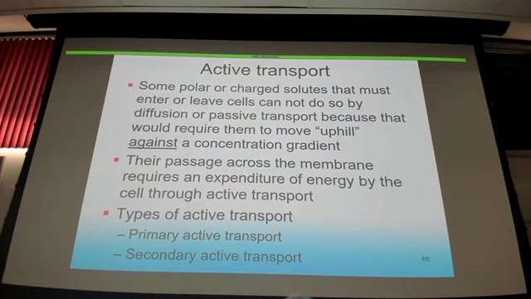The easiest thing to remember is that at all points it wants to move toward equilibrium.